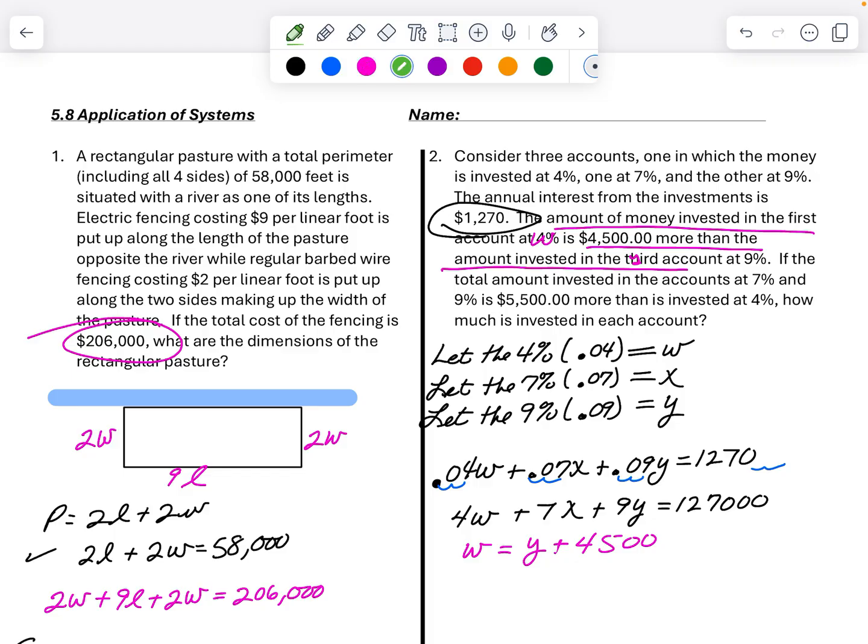And then the next one says, if the total amount invested in the 7% and the 9% is 5,500 more than W. So that would be X plus Y is W plus 5,500.